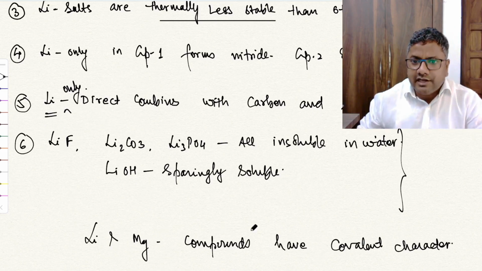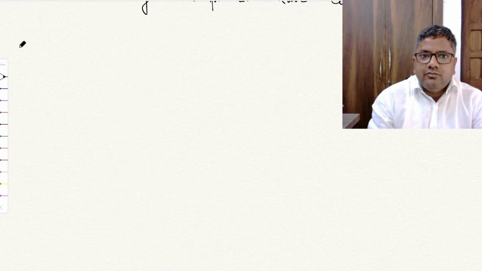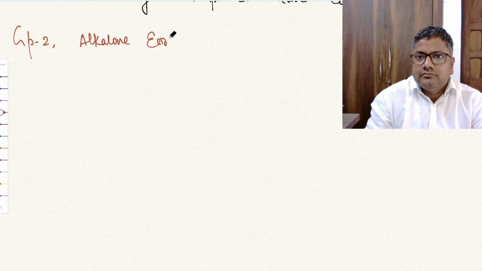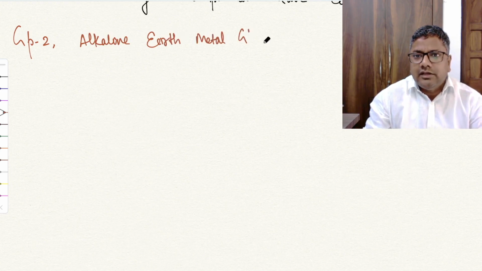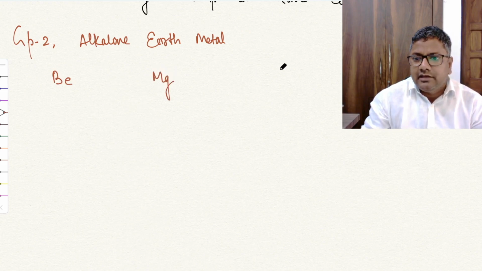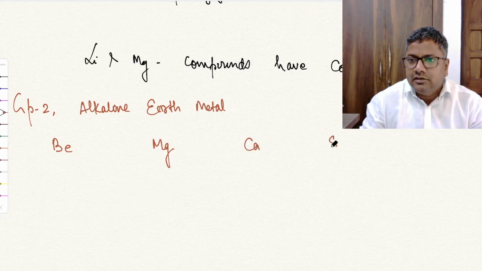Now I will start the second group. In group 2, this is called the alkaline earth metal group, which constitutes beryllium, magnesium, calcium, strontium and barium.